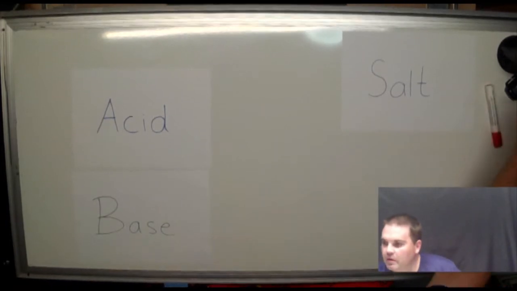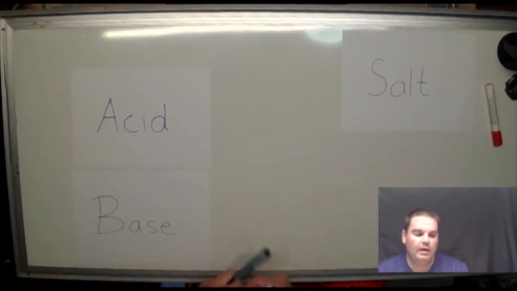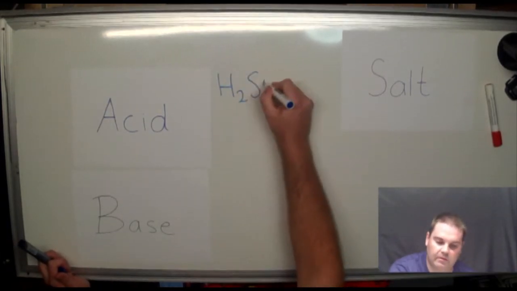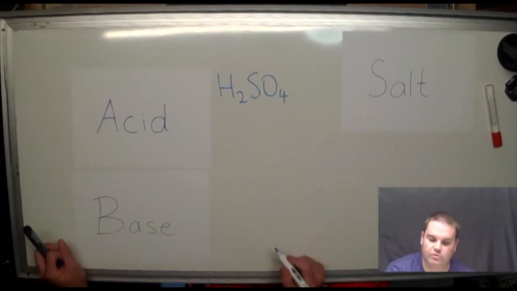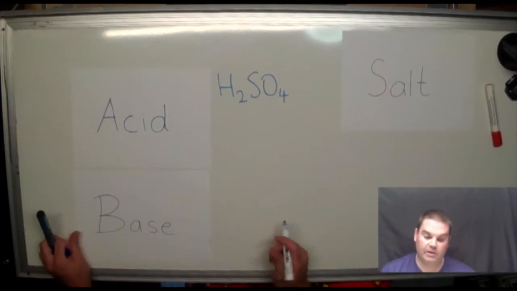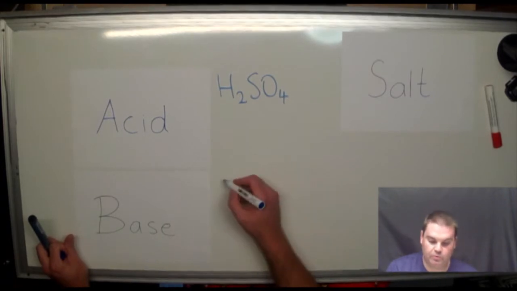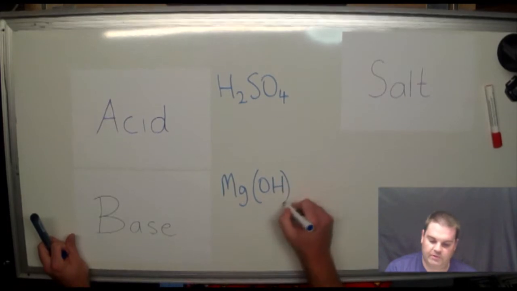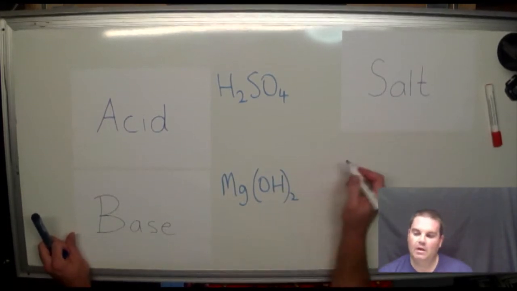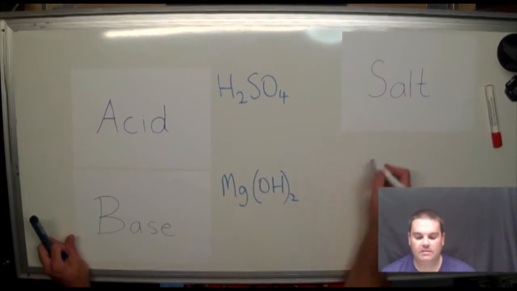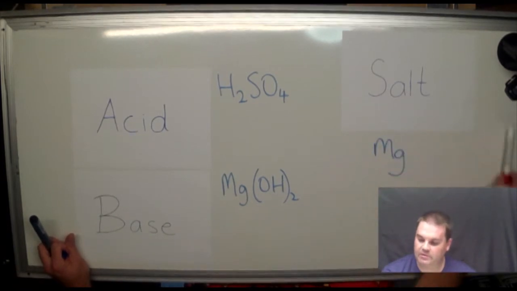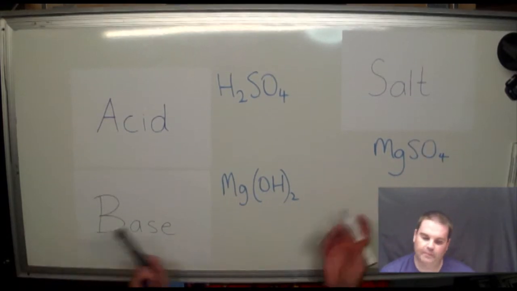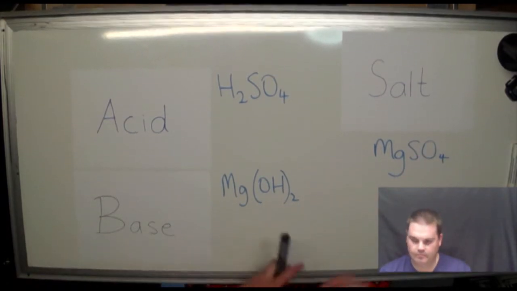So first off, if we go with just a simple acid like sulfuric acid, H2SO4, and our base that we're going to combine that with is going to be magnesium hydroxide. Our salt that we're going to get from that is magnesium, the metal part, and we get the sulfate part there, SO4, and then we're going to get water as well.